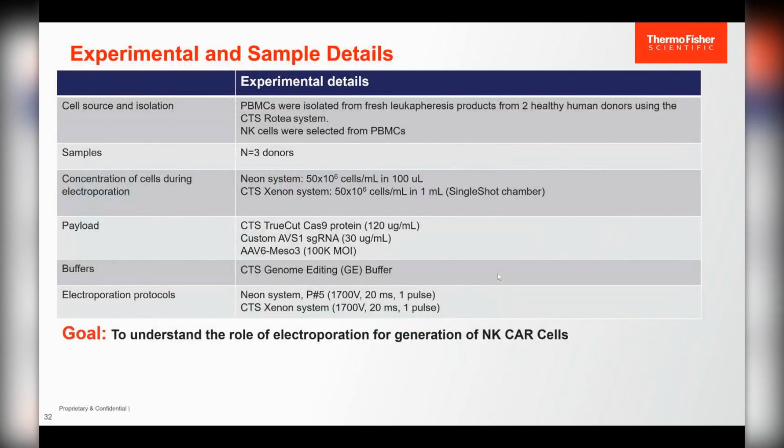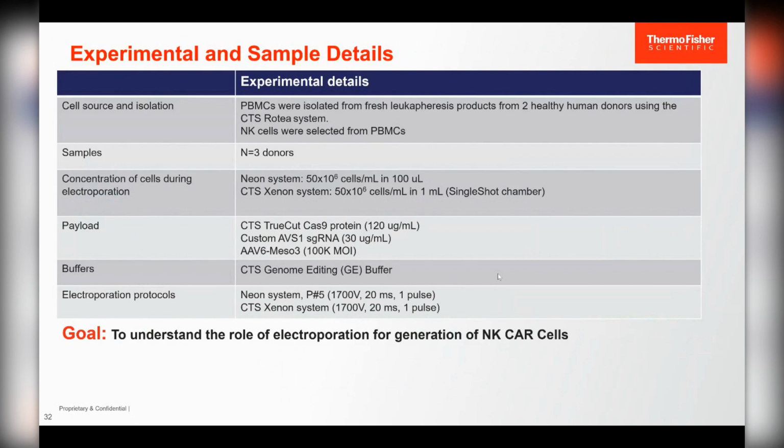So these are the experimental and sample details here. We tested 3 different donors, and the concentration of cells during electroporation with the Neon is 50 million cells per ml in 100 microliter tips, and we use the Xenon Genome system at 50 million cells per ml, 1 ml single shot.